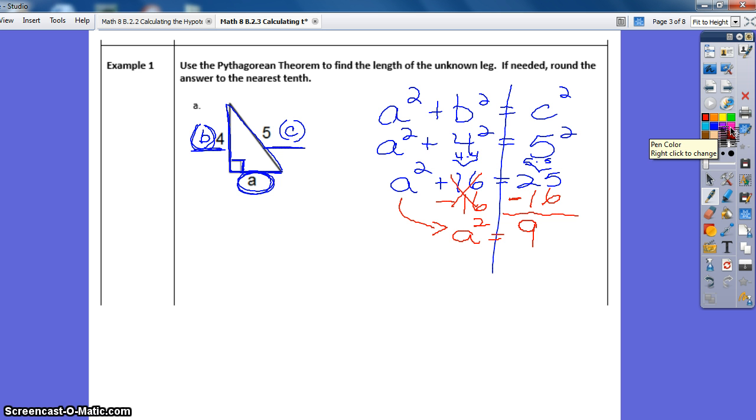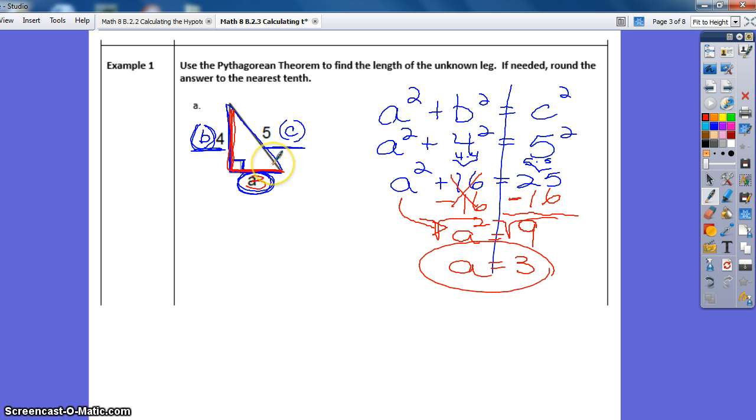And don't just circle it thinking you're done. Now hit your square root button. The square root of 9, A equals what? 3. Does that make sense? We go up here and make this a 3. Our 3 and 4 are the two shortest legs in our right triangle, and the hypotenuse is the longest.